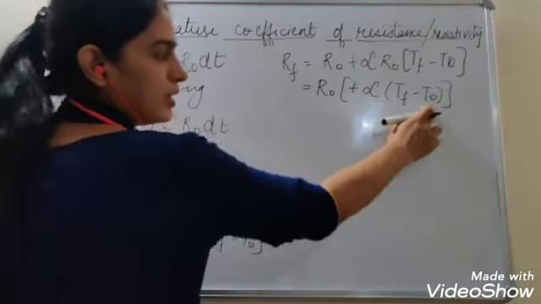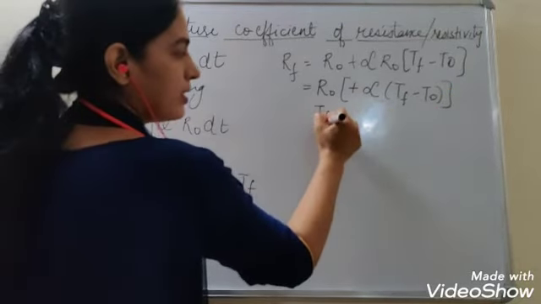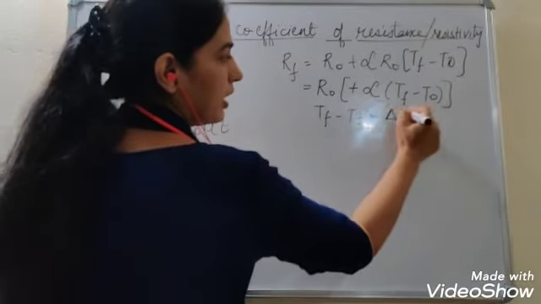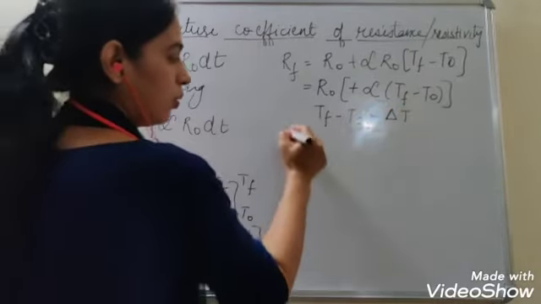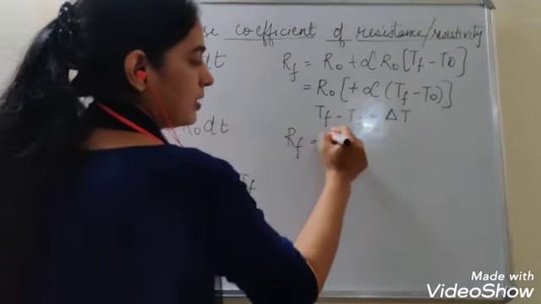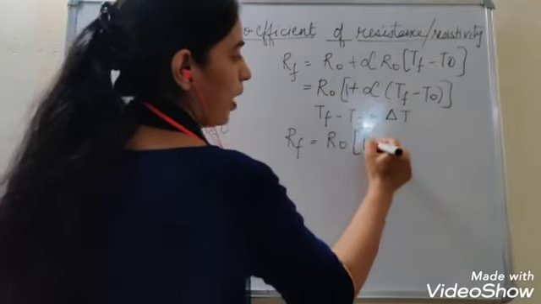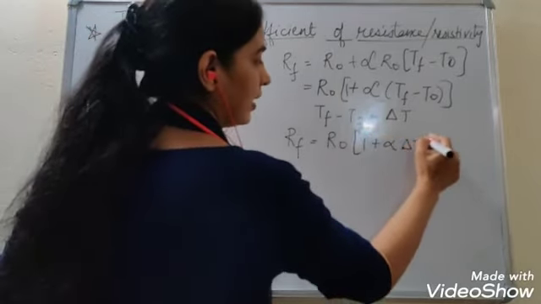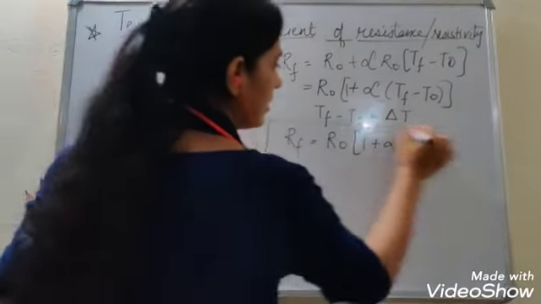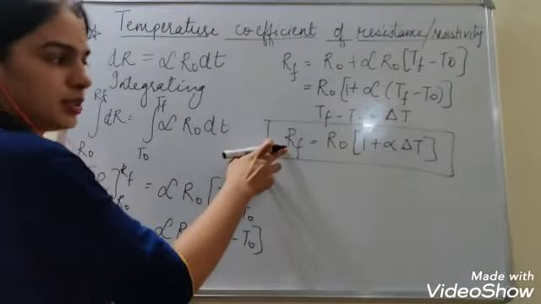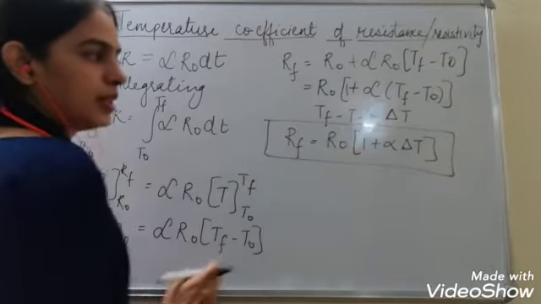T final minus T initial can be written as the change in temperature. So the final resistance can be written as initial resistance into 1 plus alpha delta T.